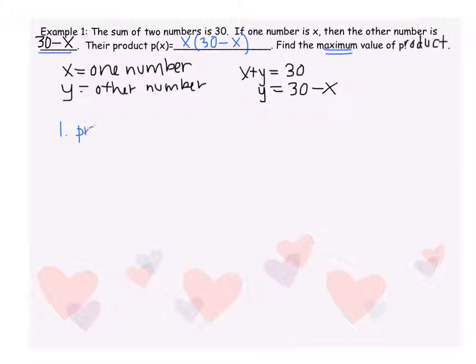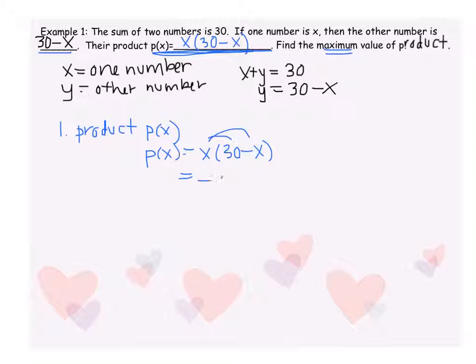So product, we're calling it the function p of x. We've basically already done that here, but let's go ahead and write it in general form. So p of x equals x times 30 minus x. So that's, if I distribute, I'm going to get negative x squared plus 30x.